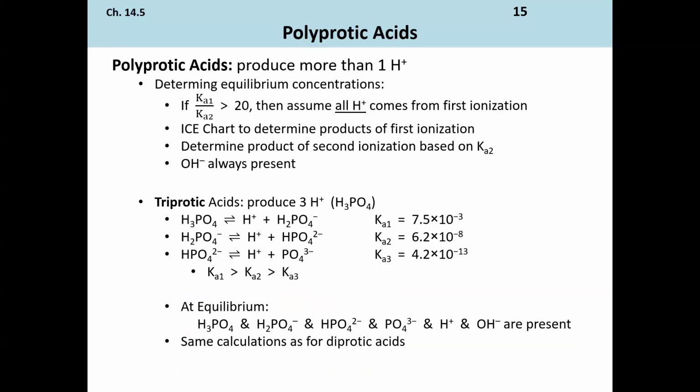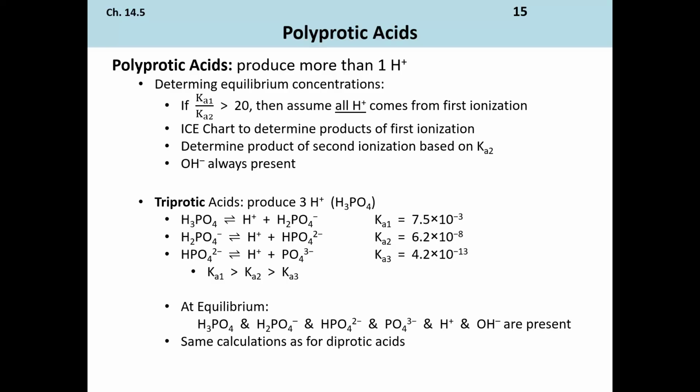All right, now we've talked about polyprotic acids. So we talked about monoprotic acids. Monoprotic acids produce 1 H plus. We talked about polyprotic acids, which produce more than one. Okay. We can in the same way have monoprotic bases and polyprotic bases.